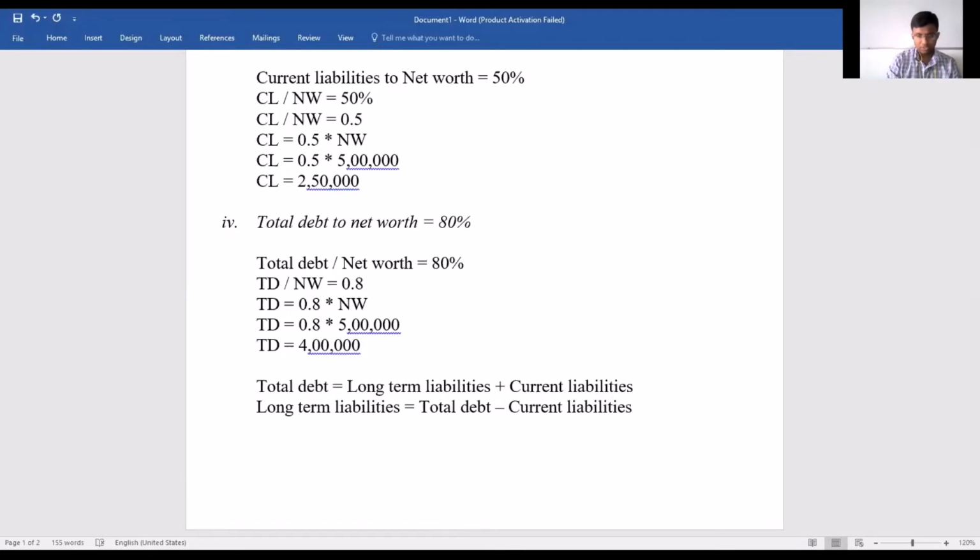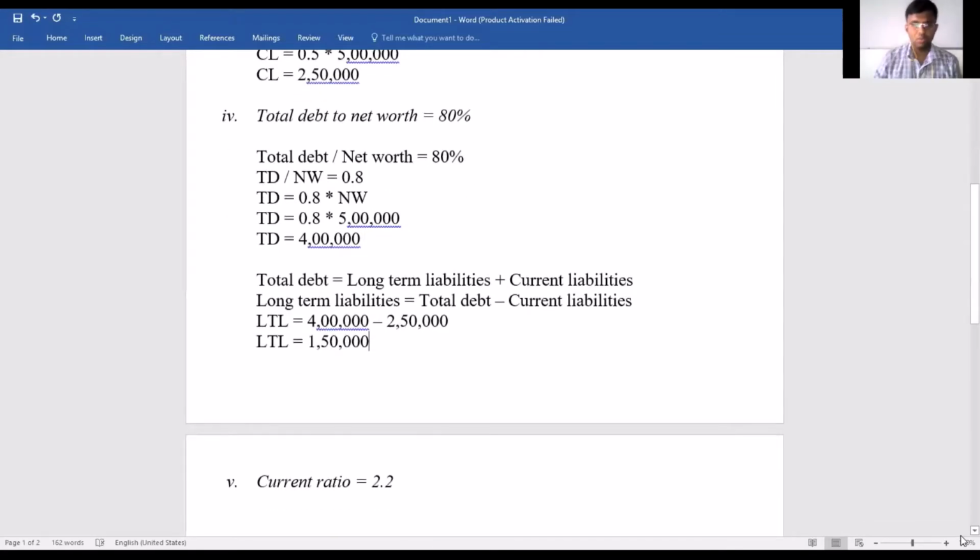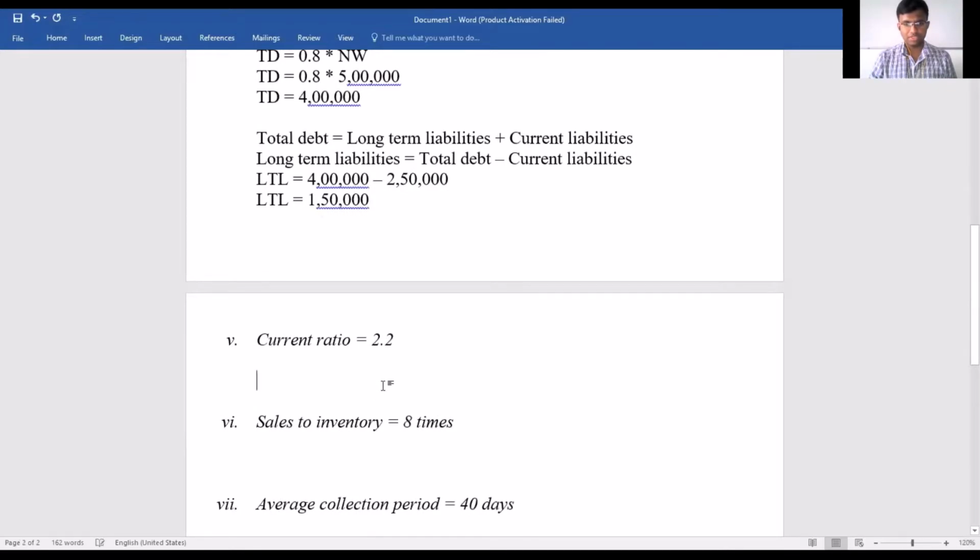When we substitute, total debt is 4 lakh minus current liability of 2,50,000, which means long-term liability is equal to 1,50,000. Now let's move on to the next ratio.